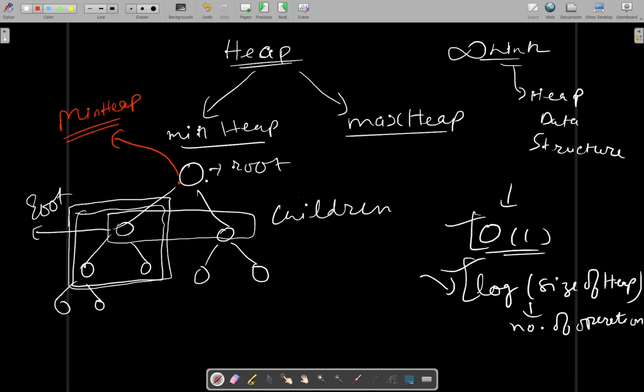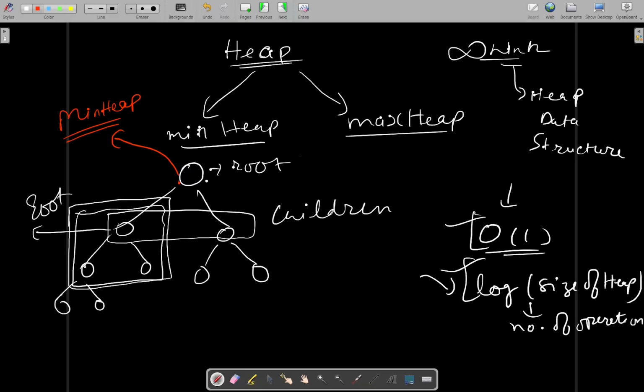And the opposite is true for max heap. In max heap, the root's value is the largest among all the values present in the heap, and all of its children will have values lesser than or equal to the root's value.